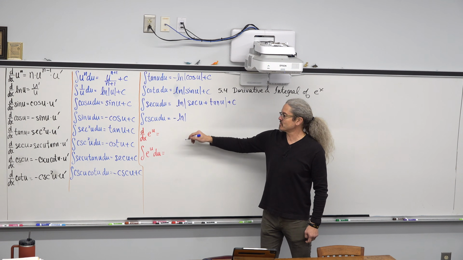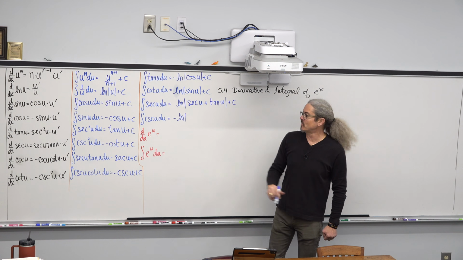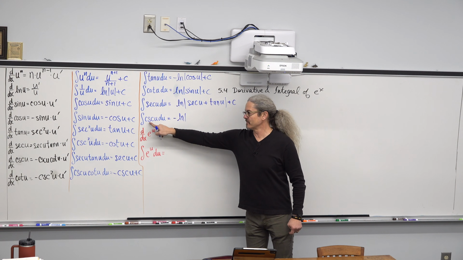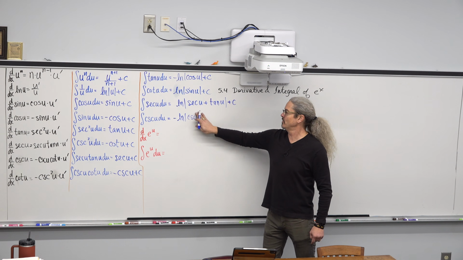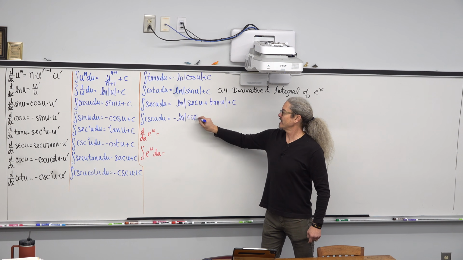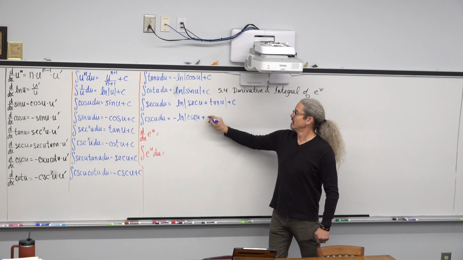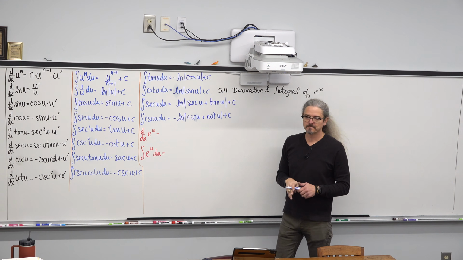Of course, in the natural log, the cosecant and cotangent are not being multiplied, they're being added. But one last time, the integral of cosecant of u du is negative natural log of cosecant of u plus cotangent of u plus c.